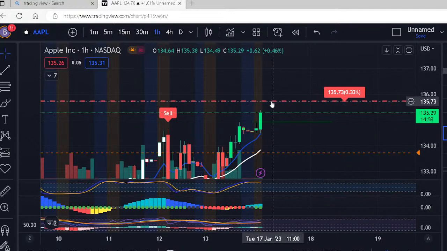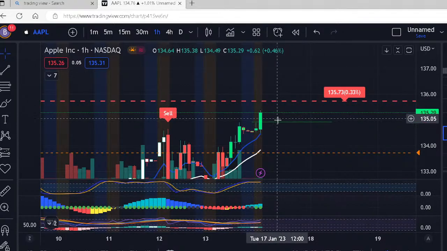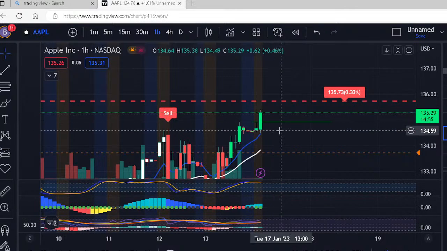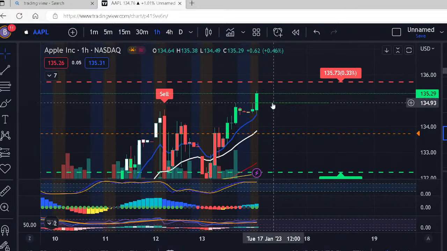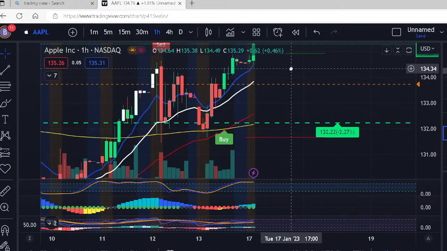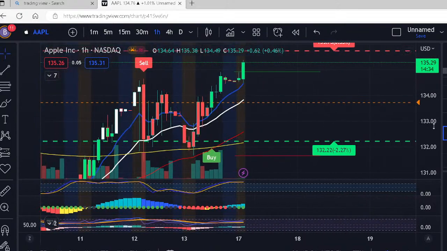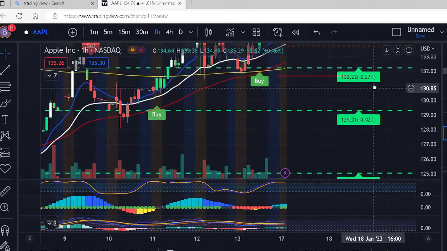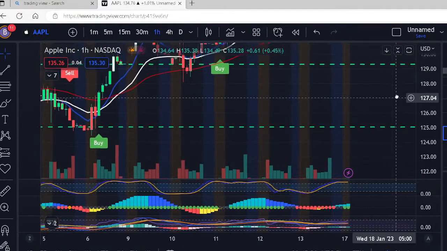If you see it get rejected here, you could try to ride it down with puts, but honestly I would just stay away to see if it makes this area support right here at 134. That's a nice range though. If you see it come up here, get rejected, try to ride it down to previous day high. If it makes previous day high support, it could bounce and then go back up. If you see it breaking below it, then there should be some nice downside to it. Let me see if there's any gaps to fill below real quick, guys.